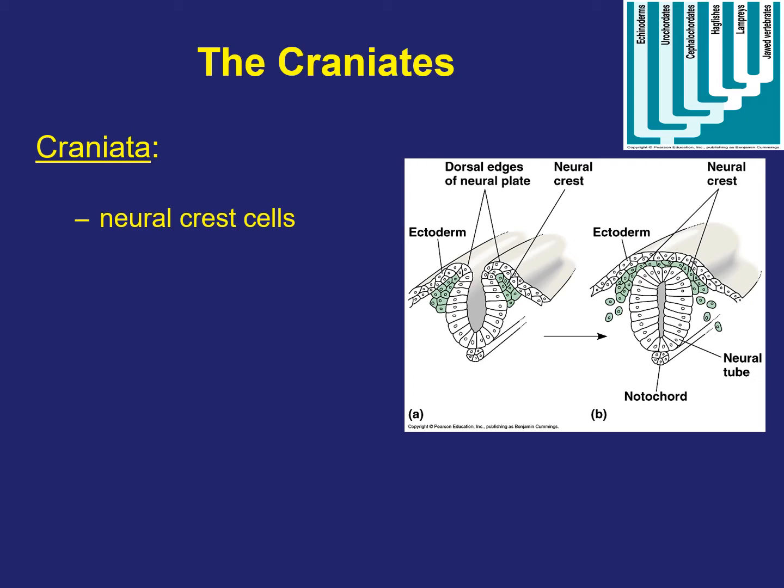But when it was just a groove, you had these two crests on either side of that groove, and the cells that form there, shown in green, are neural crest cells. And they're really weird. They leave that area and they wander through the body. They give rise to the bones that make up the face. They also wander into the skin and give rise to melanocytes, which are the cells that produce pigments in the skin and hair.